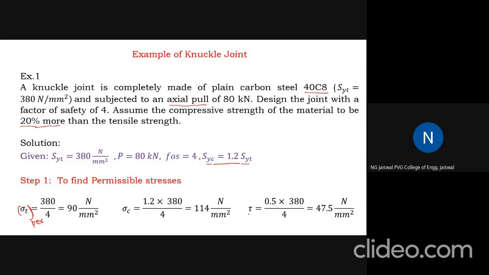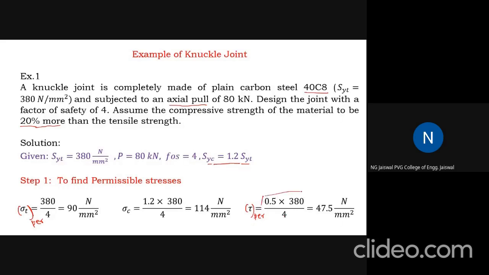And permissible shear strength, as I again say that there should be a suffix permissible. This is permissible shear strength is 50% of SYT. If separately shear strength is not given, we always assume the permissible shear stress equal to 50% of SYT divided by factor of safety.